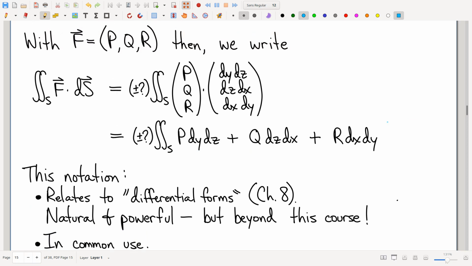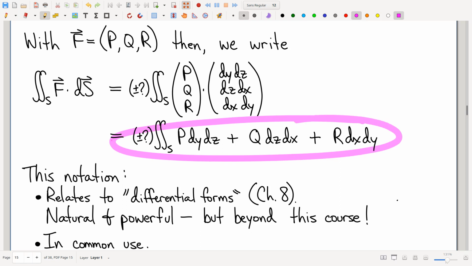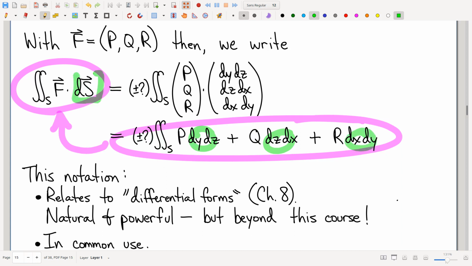And here's my advice. Whenever you see this notation, just in your mind, translate back to this notation. This is what I do. Anytime I see something in coordinate surface integral notation, I think to myself, okay, look. This business here is just code for the ds vector. Those are the coordinates of the ds vector.